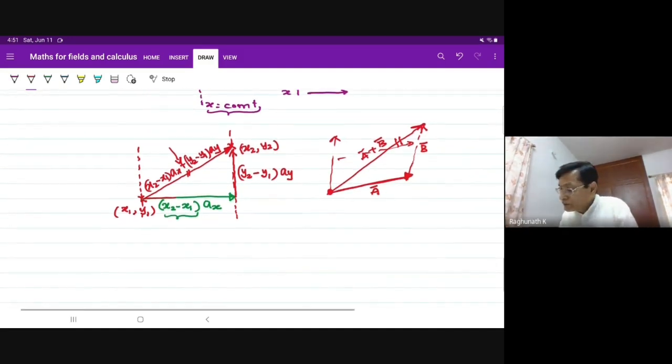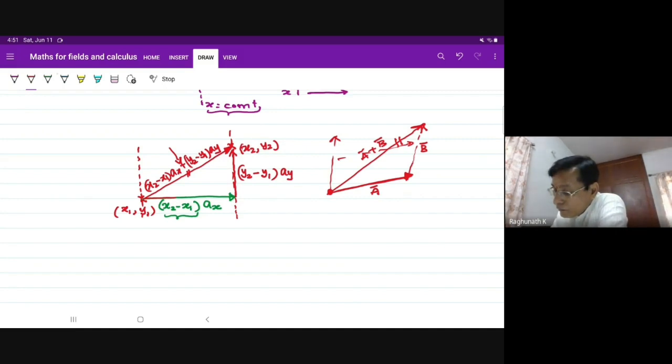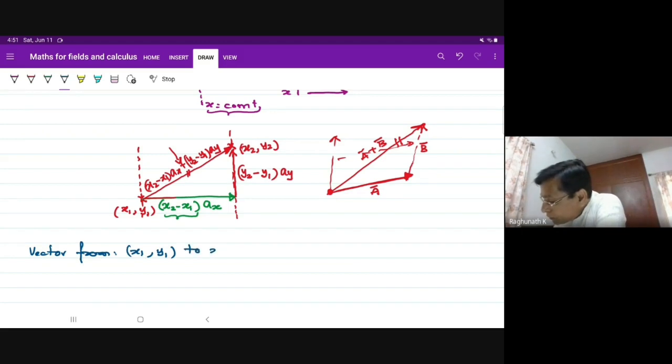Vector from x1, y1 to x2, y2 is x2 minus x1 ax plus y2 minus y1 ay.